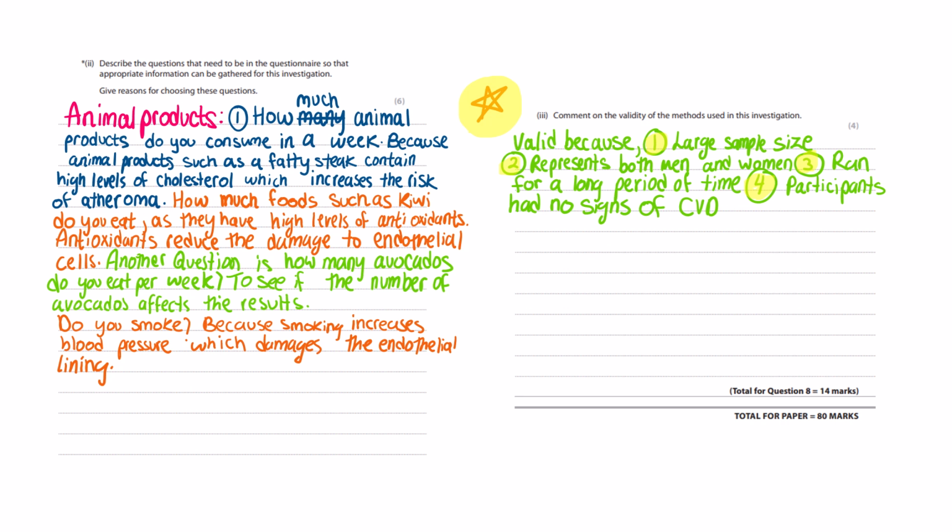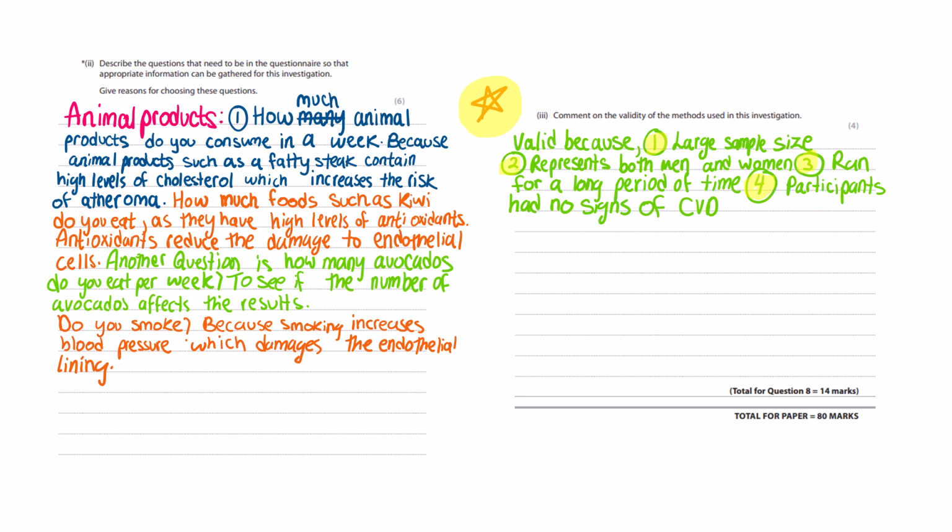Okay, as they have high levels of antioxidants, and remember, antioxidants reduce the damage to endothelial cells. Another question is, how many avocados do they eat per week? To see if the number of avocados affects the results. And also, do they smoke? Because this wasn't given to us in the beginning of the question, because smoking increases blood pressure, which damages the endothelial lining.